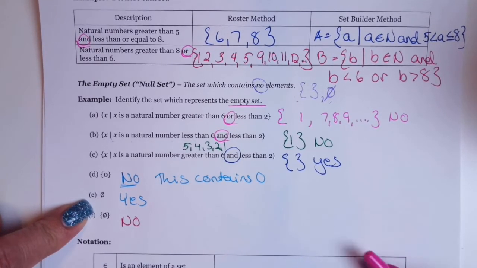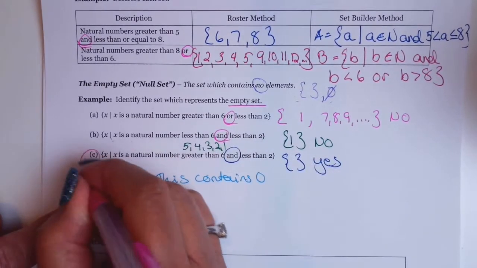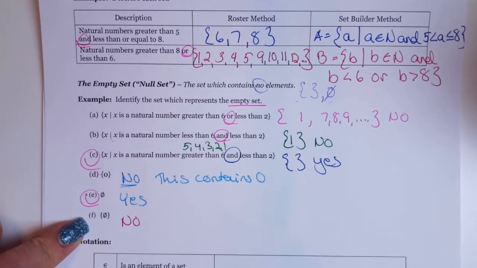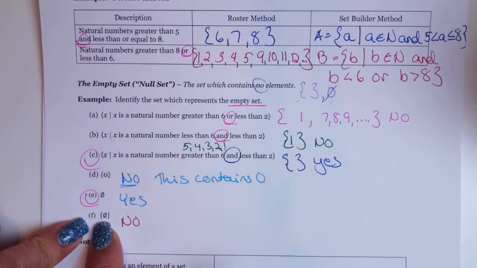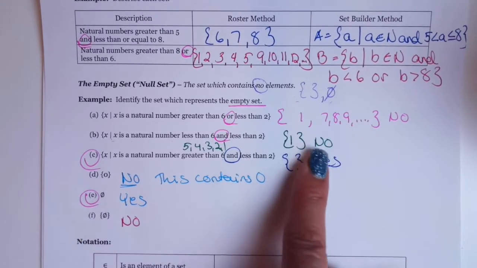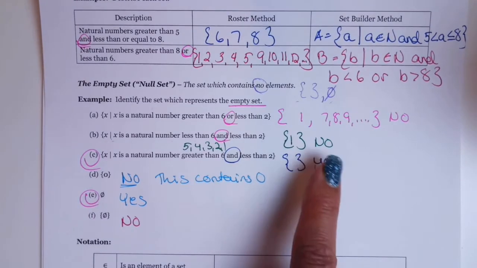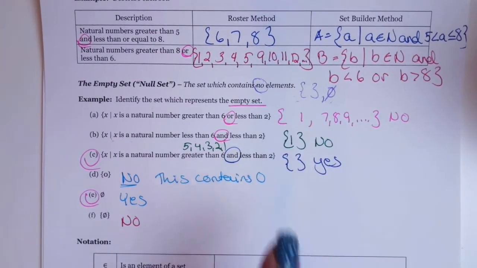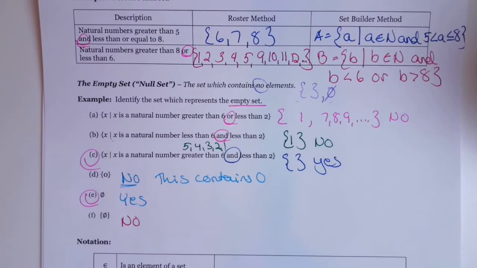So the only empty sets that we had here were C and E. All the others have a symbol in them, symbols or numbers, so those are all elements or members, whichever one you want to call.